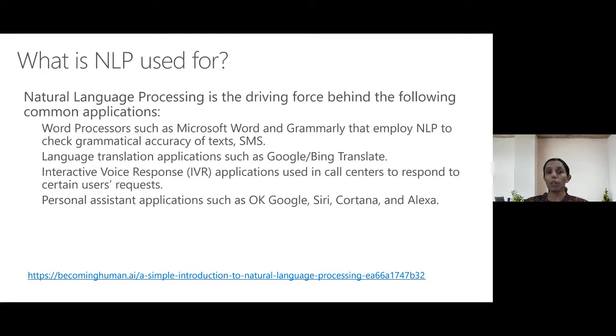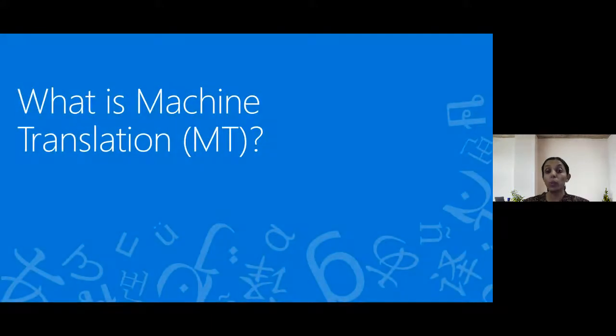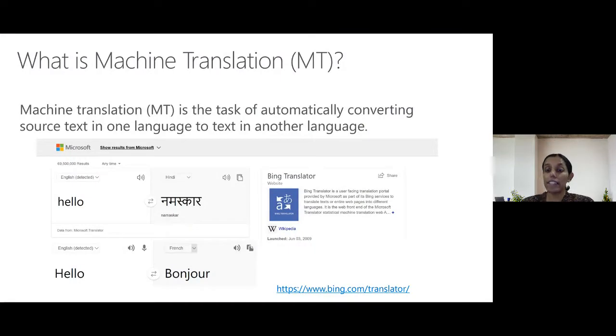Okay, so now that we know what NLP is, what it's used for, and some of the applications, let's get into the next section, which is what is machine translation. Again, we have seen this in our day-to-day lives many a time. We go into Bing Translator or Google Translate. Maybe I'm just proficient in English and I'd like to know how to say hello in, let's say, Hindi or maybe French.